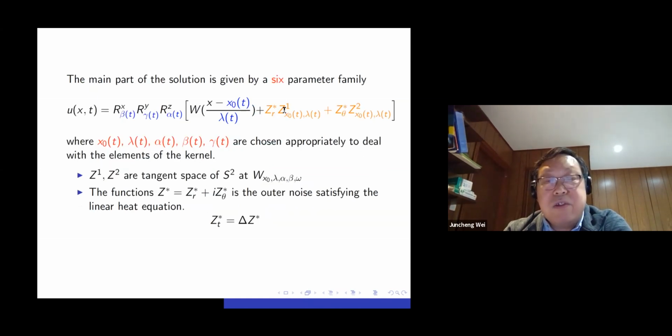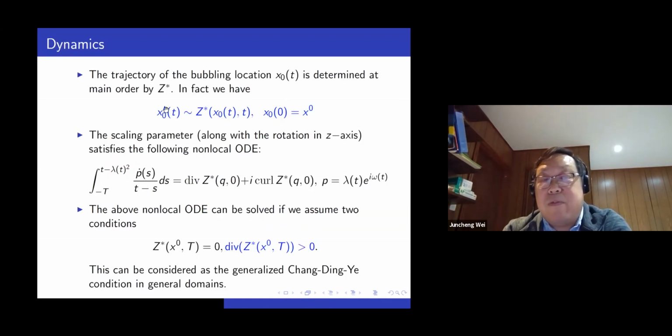The solution for the heat equation provides the trajectory of the blob, the bubble location, and also provides the non-local ODE for the scaling parameter and for the rotation around the Z. This non-local ODE can only be solved if the right-hand side satisfies some condition: the outside noise must vanish at this point and the divergence should be positive.